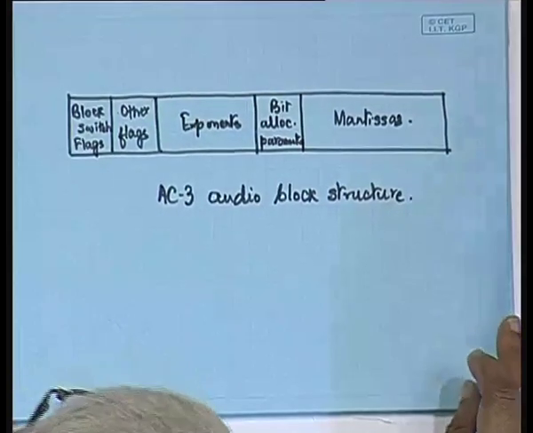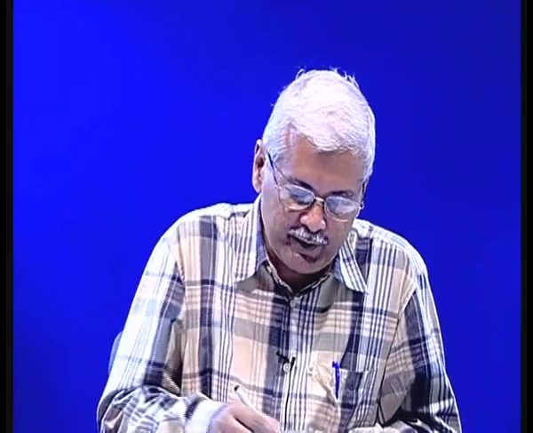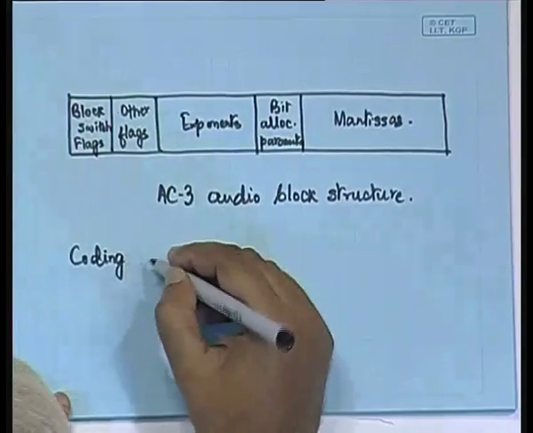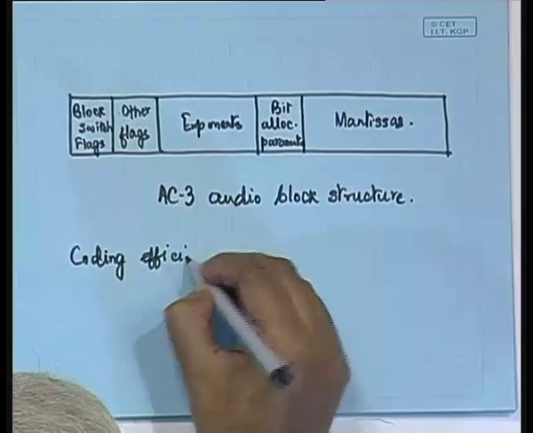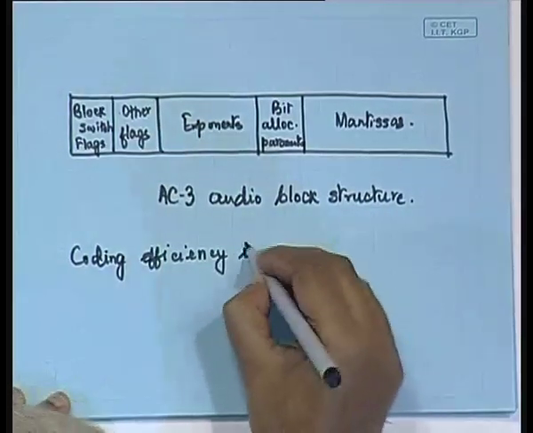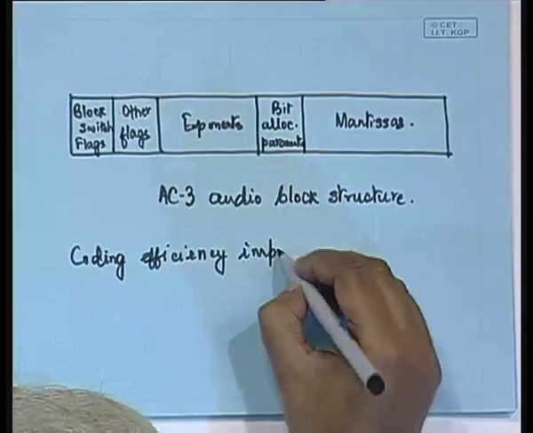Now, it is seen that the coding efficiency of the AC3 improves as the number of source channels increases. So, this point we must take note of, that the coding efficiency improves with the number of channels.